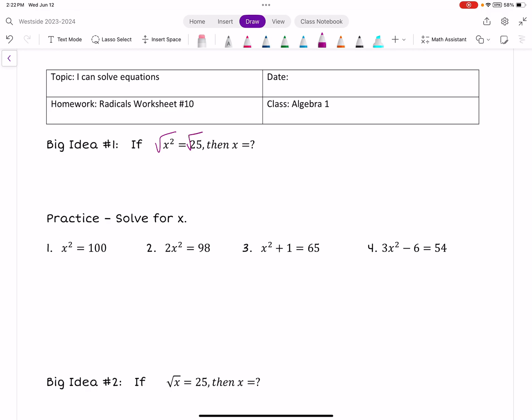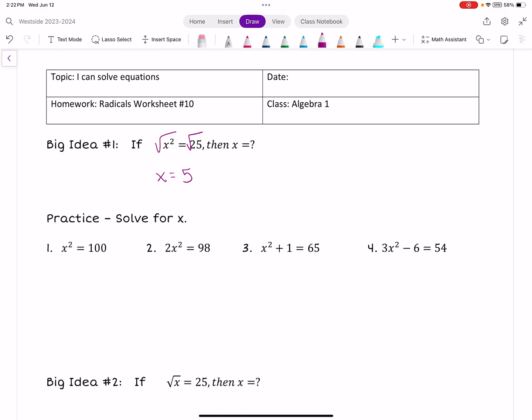Now, when I have a square in my original problem, that makes things a little bit complicated. So this problem is saying x squared equals 25. What is x? What number can I square to get 25? Well, hopefully we all know that I can square 5 to get 25.